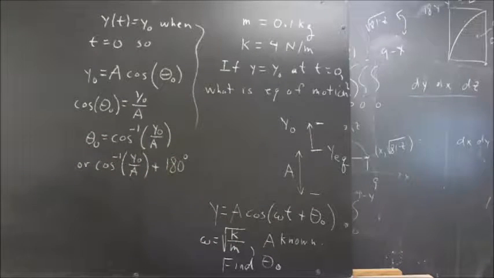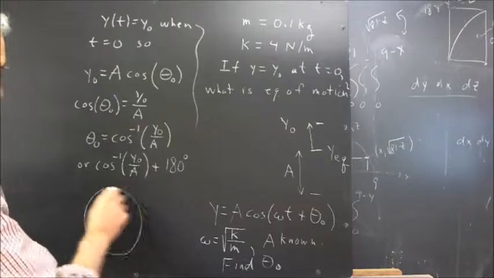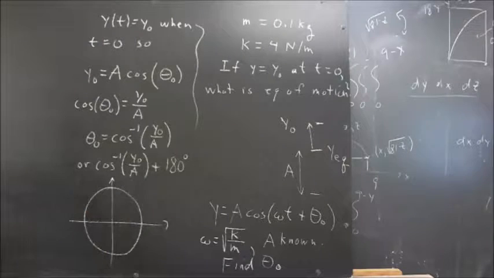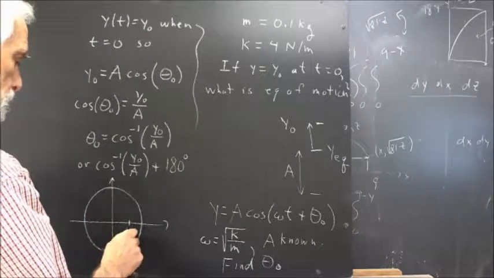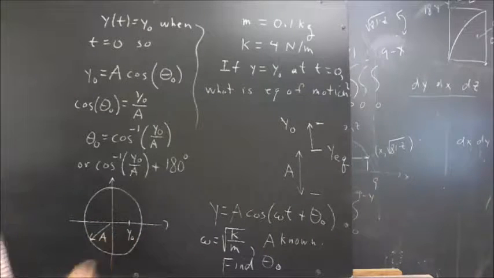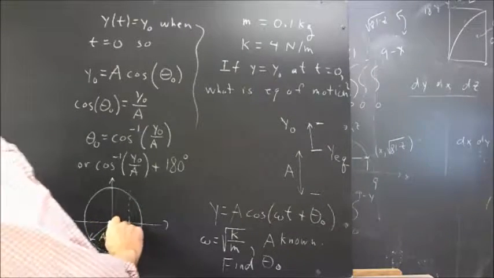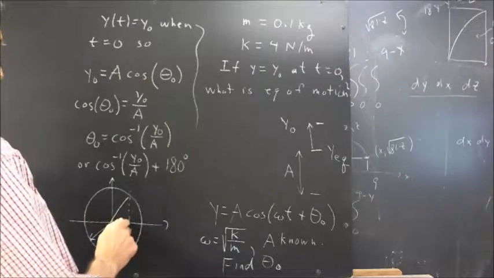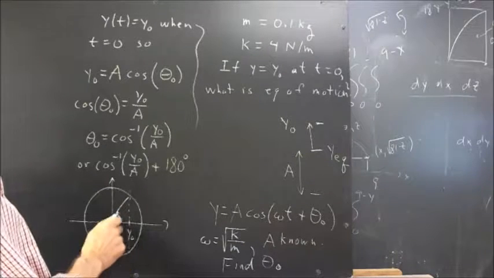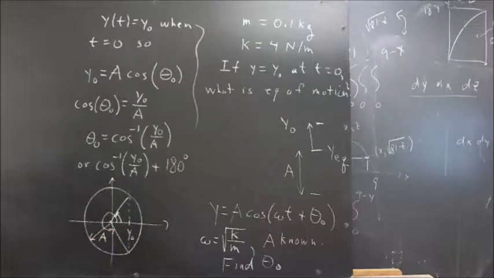Let me comment that theta naught is the inverse cosine of y naught over A, so our reference circle model has y naught here, A being the radius of the circle, so that theta naught is either this angle or this angle.